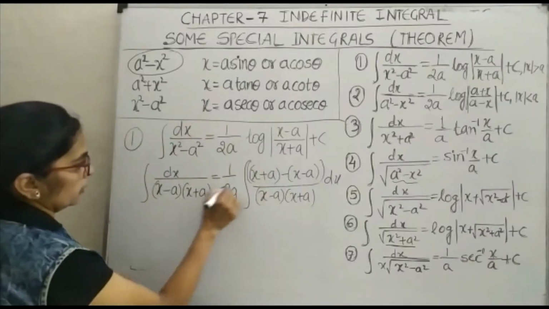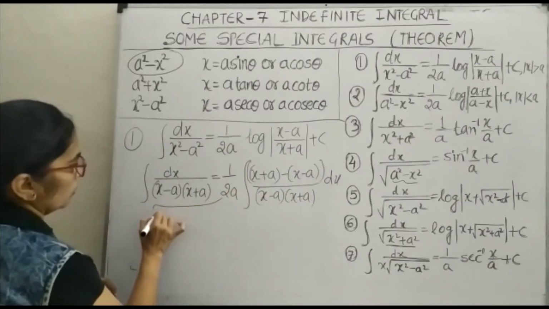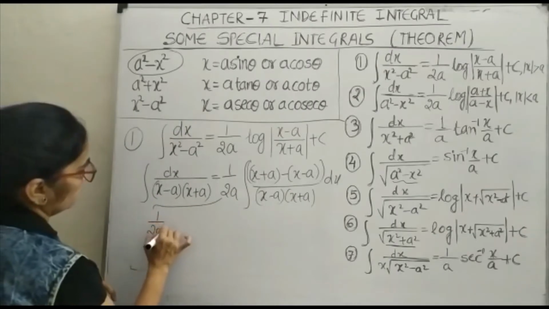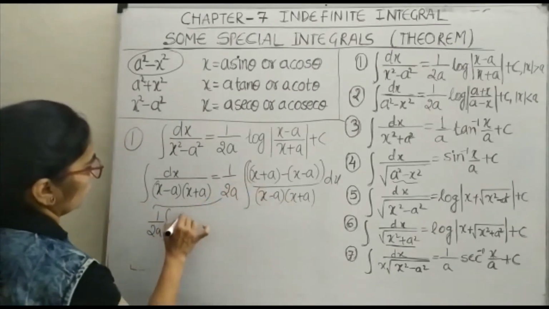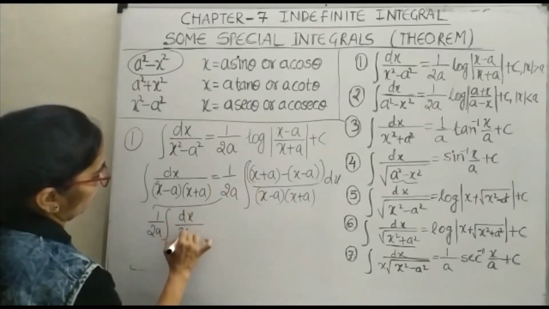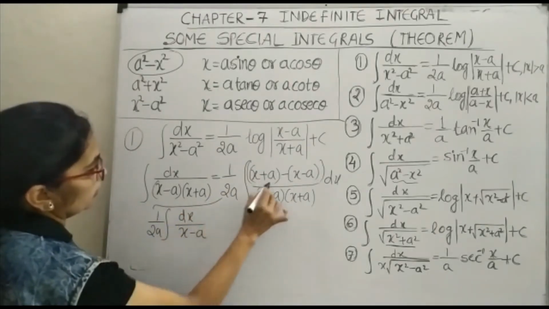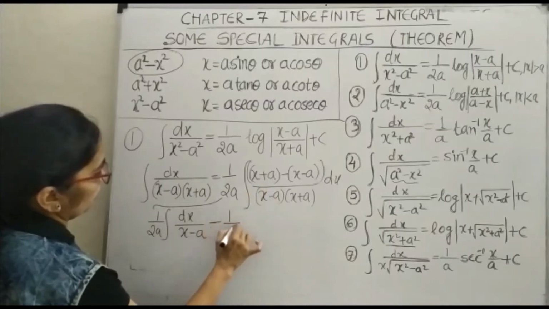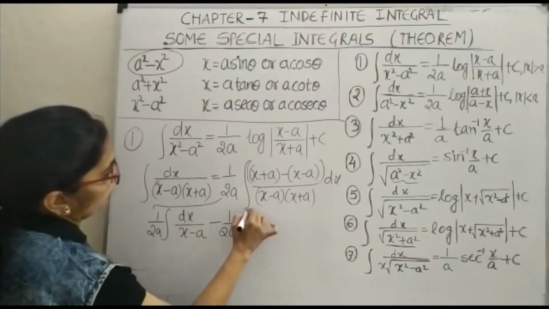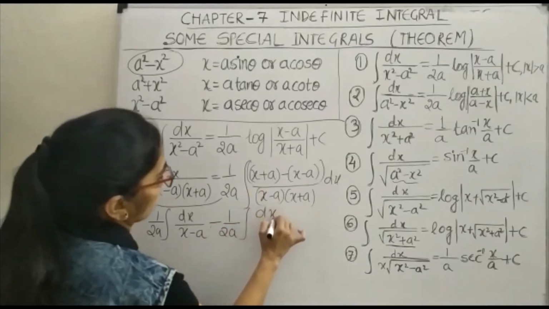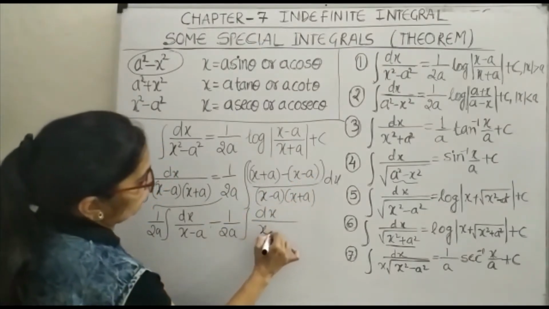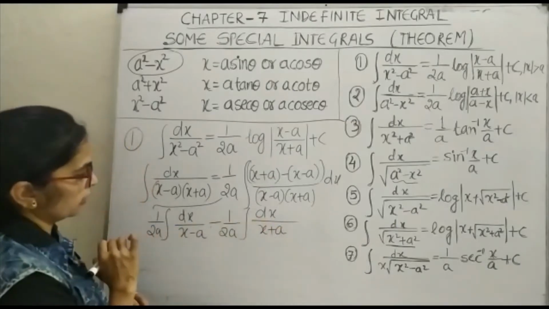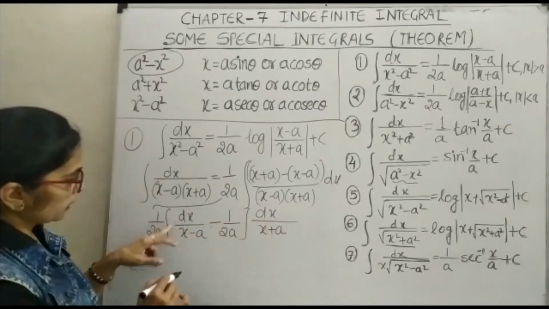Now you can see here 1 upon 2a, x plus a will be cancelled, so we have dx upon x minus a, again minus 1 upon 2a integration of dx, again x minus a and x minus a will be cancelled, so we have x plus a. Now what will be the integration of this?